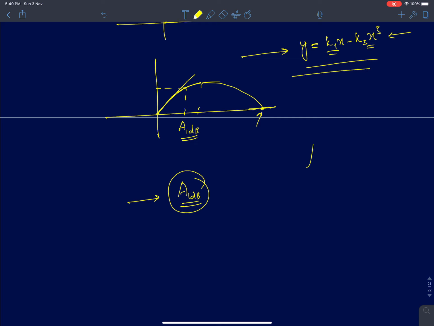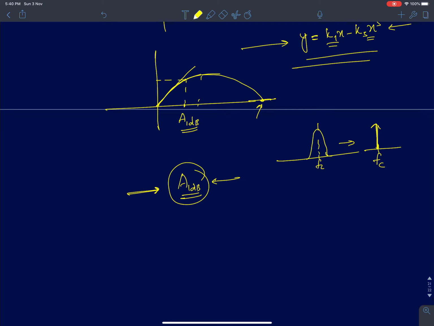We said that in radio frequency circuits, most signals have very narrow bandwidth compared to their center frequency, so we can approximate this to an impulse concentrated at the carrier frequency. And here A represents the amplitude of that carrier frequency. So if I apply a signal of amplitude A1 dB to the system, the gain will be reduced by 11% of its nominal value.